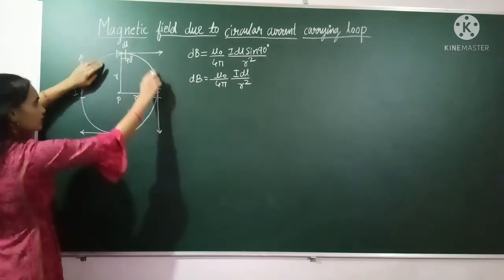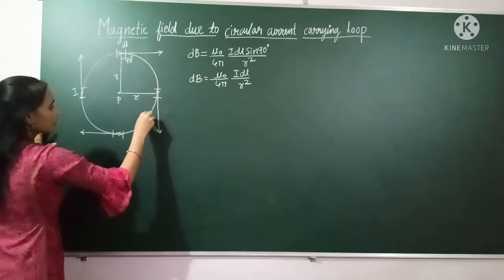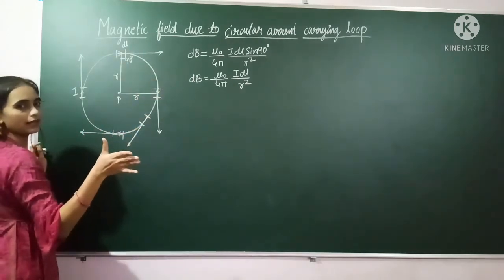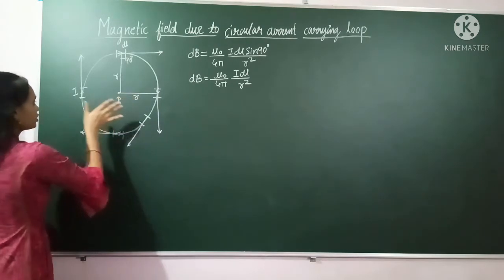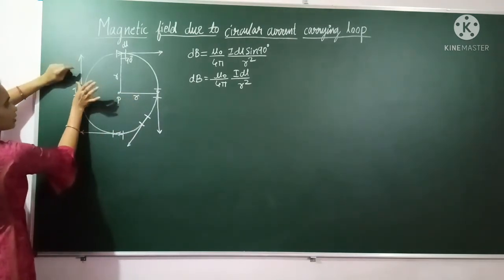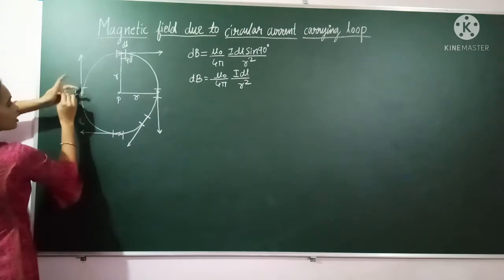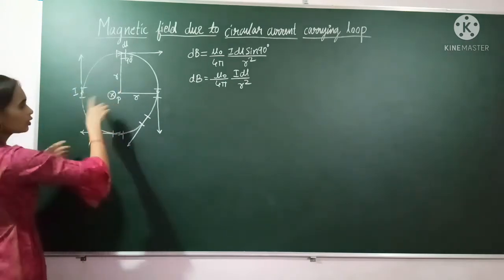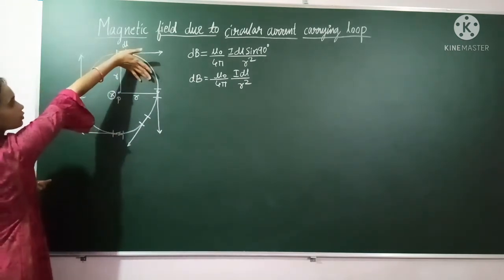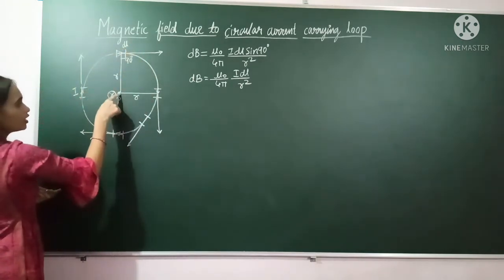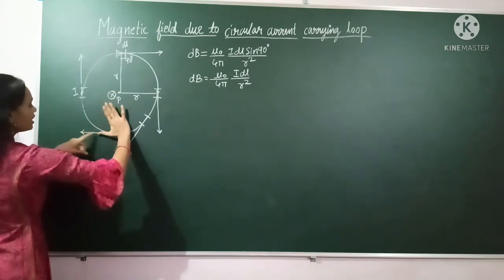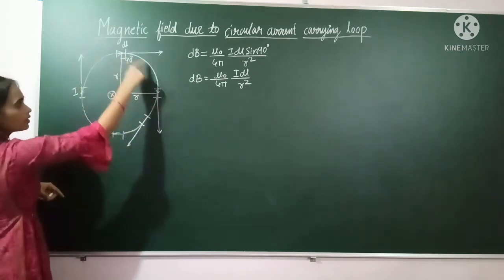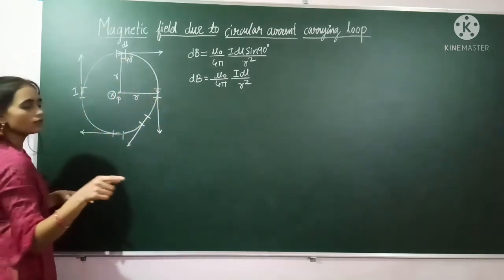In all the cases, if you apply the right hand palm rule, the fingers are pointing inward. So at this point P, the magnetic field is inward, which we denote by the cross. Again, in all the cases if you consider, the magnetic field is inward.